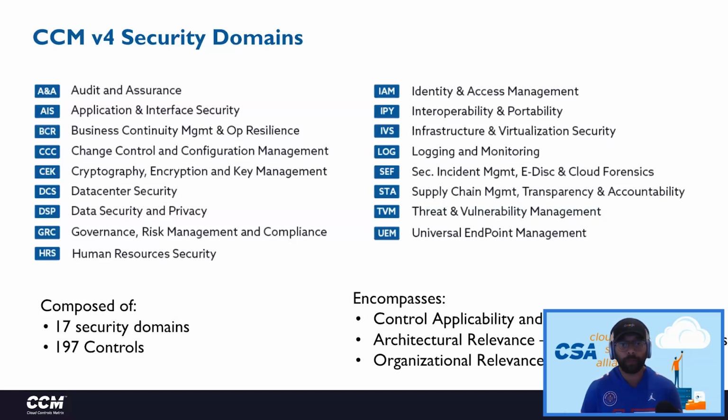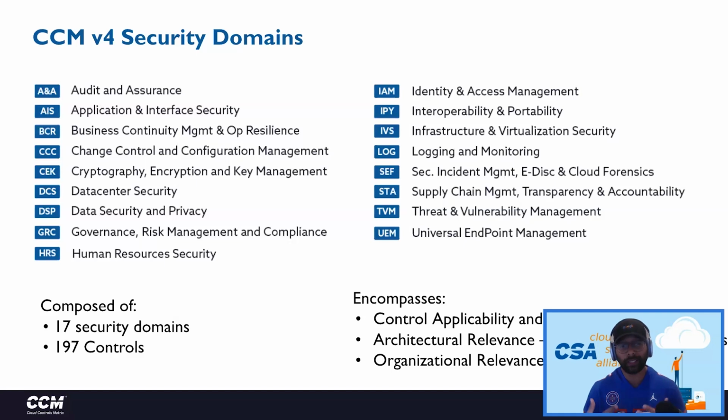The third domain is business continuity management and operational resilience, talking about how we can come quickly back from a disaster and what kind of continuity planning and management we can have. The fourth one is change control and configuration management. The fifth one is encryption and key management, how to encrypt and how to manage the keys, which helps you encrypt your data. The sixth one is datacenter security.